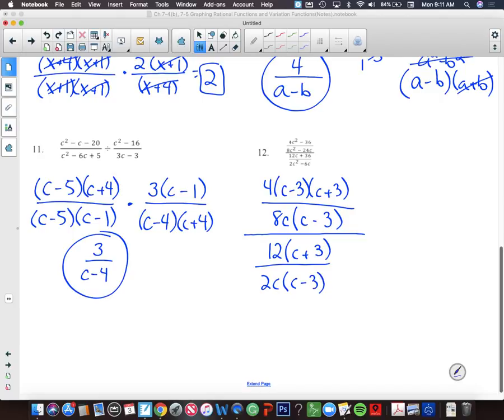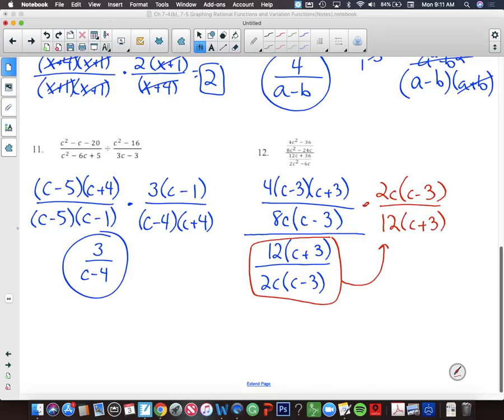So now it's time for skip, flip, to take this one, move it to the top, and flip it. All right, so we got 2c, c minus 3, over 12, c plus 3. And it's multiplication now.